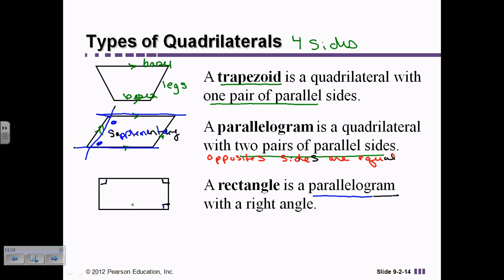We also know in a rectangle, the line that goes from one corner to the other is called a diagonal. The diagonals on a rectangle are the same value. So the diagonals are equal.